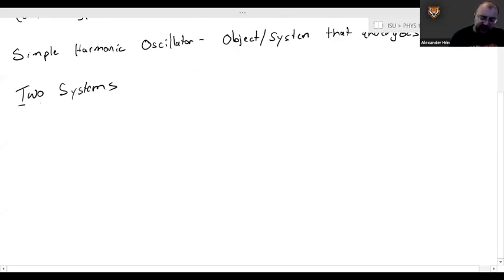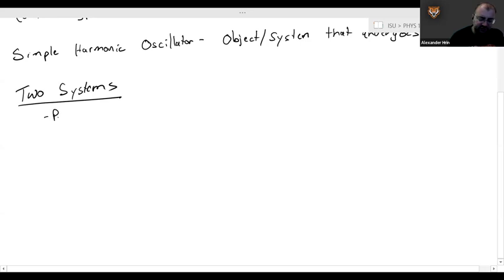These are two basic, simple systems that we would analyze to understand simple harmonic motion. We're not going to look at that too much because we really just don't have time to analyze these systems, but we'll go into some of it.